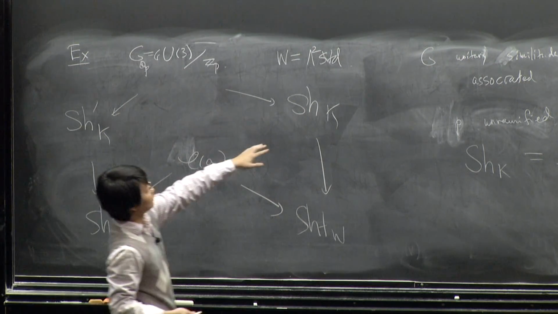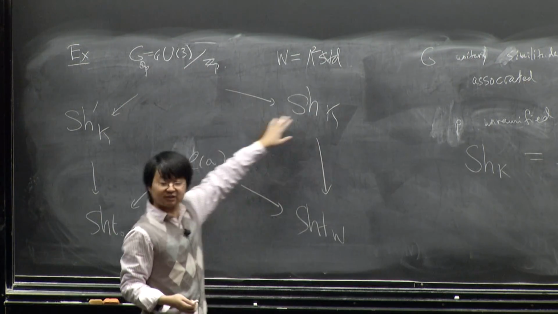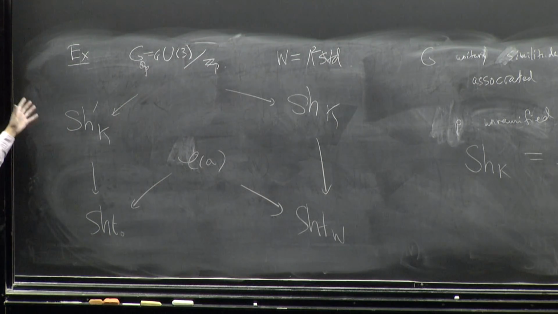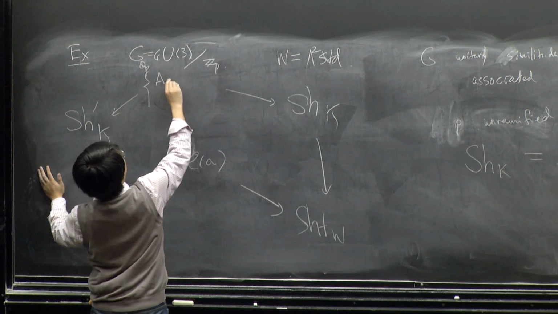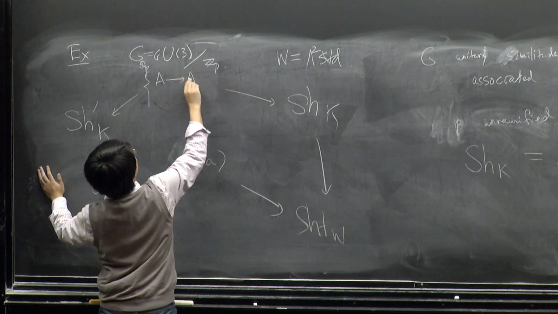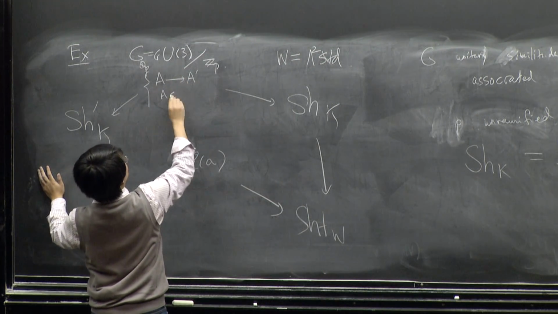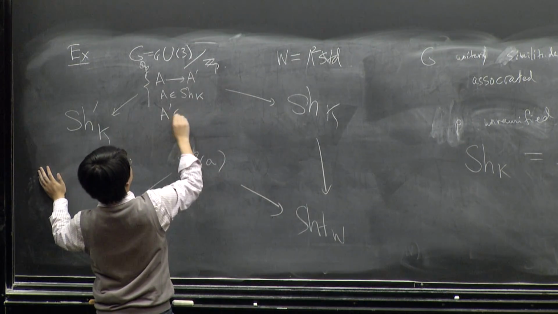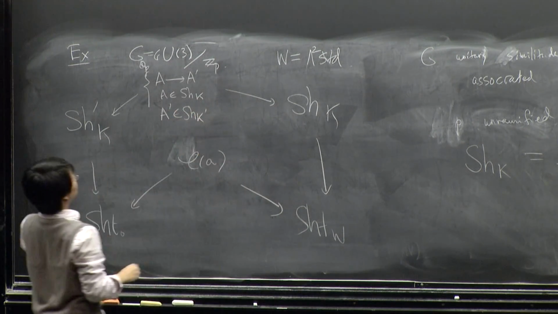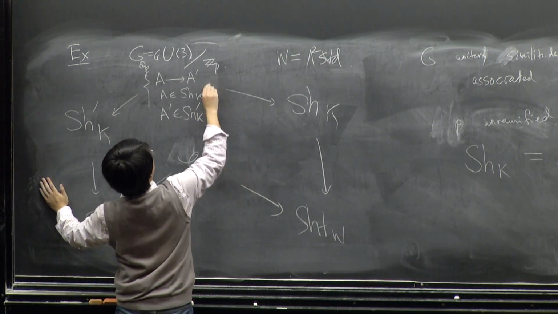Now this is like a Picard modular surface, and this is just a bunch of points. What the correspondence is, is you just consider some isogeny A to A prime, where A is in the Shimura variety here, and A prime is an abelian variety inside here, plus some certain condition.